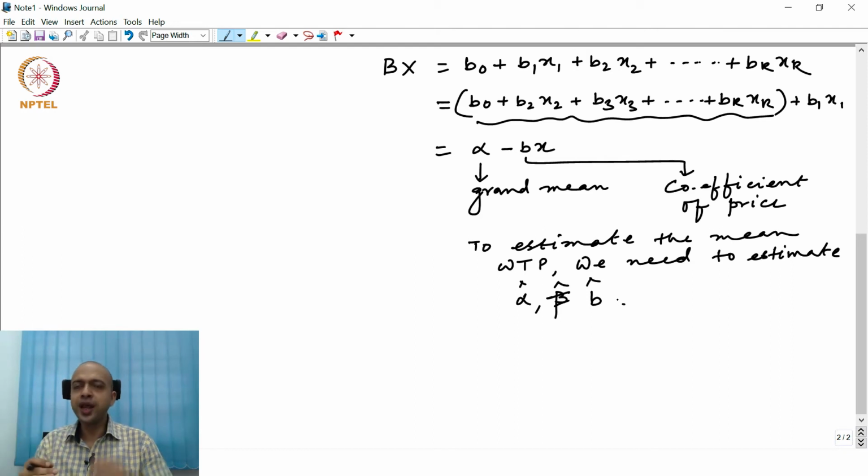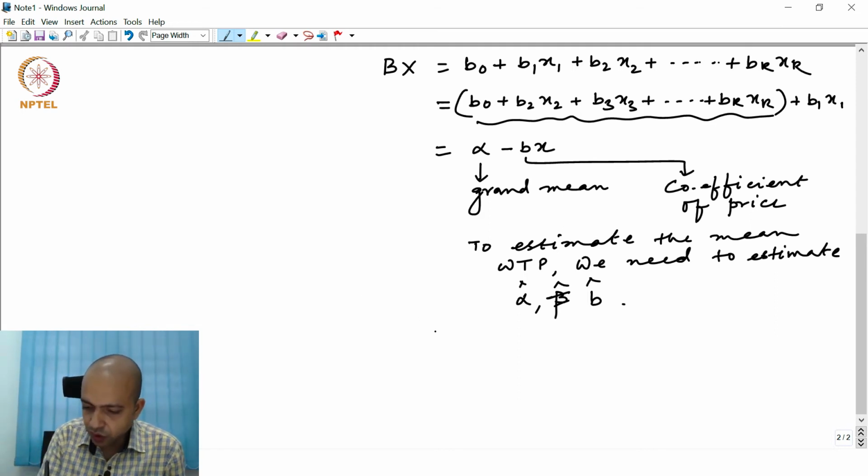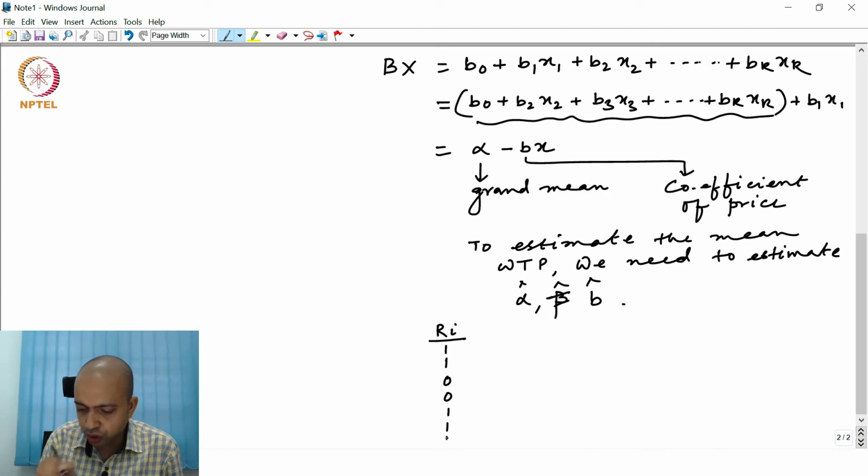We will also collect other socio-economic and demographic factors from each and every household. Then we will regress that Ri, that response. So Ri would be like this: 1 1 0 0 1 1 1, like this.